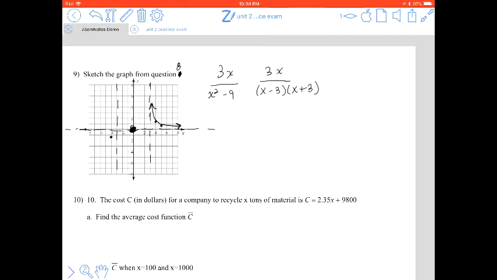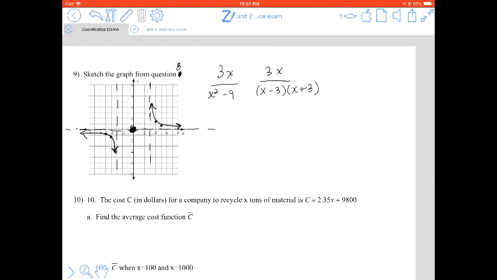If we test -5, we're going to have -15 over -5 minus 3, it's -8. -5 plus 3, -2, so -15 over 16 would be right about there. So that piece of the graph looks like that.